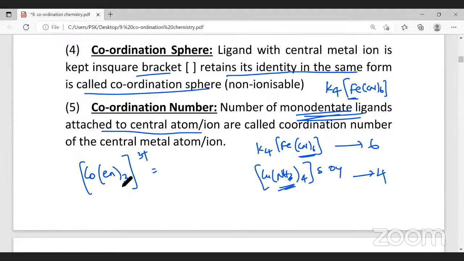How many do we have? 3. Therefore, the coordination number will be how much? 6, sir, 3 into 2. One ethylene diamine gives like 2 monodentate ligands. Since we have 3 ethylene diamine, it will be like 6 monodentate ligands. Followed or not? Yes, sir.